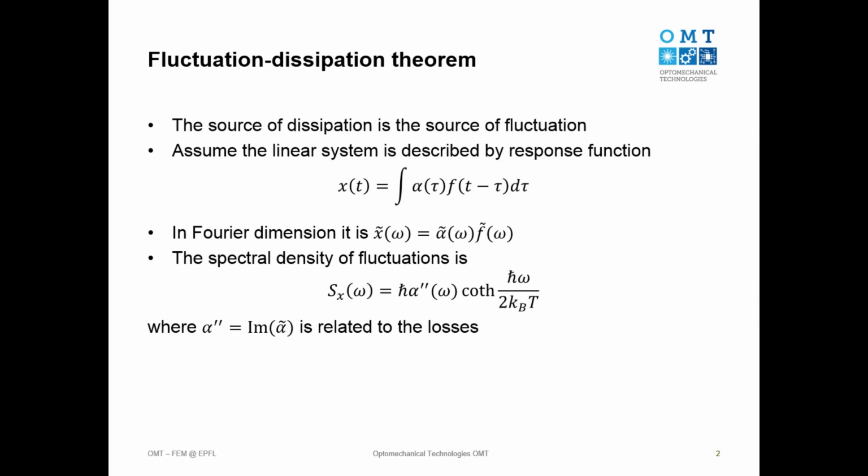If we have some generalized coordinate that can be expressed in terms of the corresponding force with this coefficient alpha, you can say, okay, I go to the Fourier domain, and then I have this relation, and I take the imaginary part of this alpha, which corresponds to the dissipation, and we have this wonderful formula to get the exact spectral density of the noises.